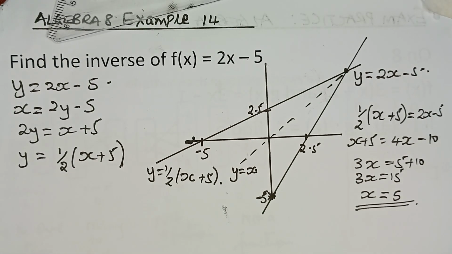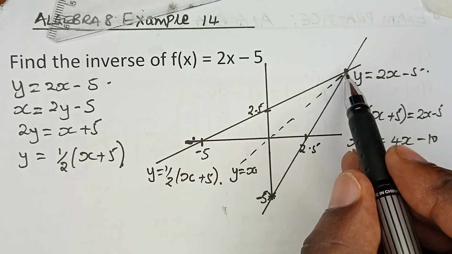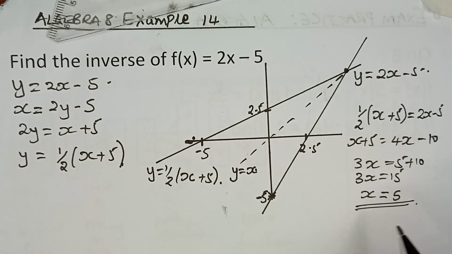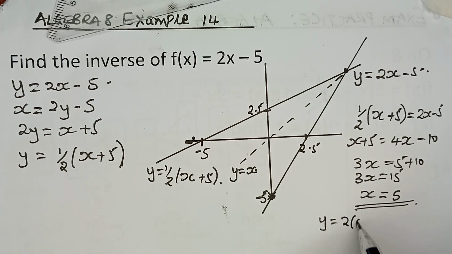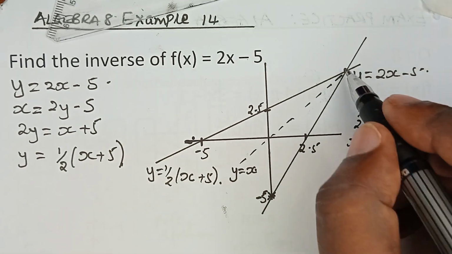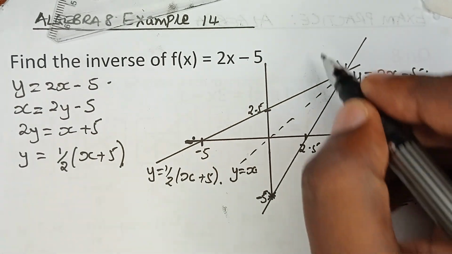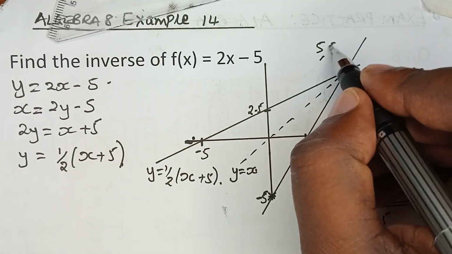And when x is equals to 5, then what is the value of y? Substitute in one of the original equations, 2 times the value of x, which is 5, minus 5. And the value of y is 10 minus 5, which is 5. So these coordinates here, the point of intersection, are 5, 5.